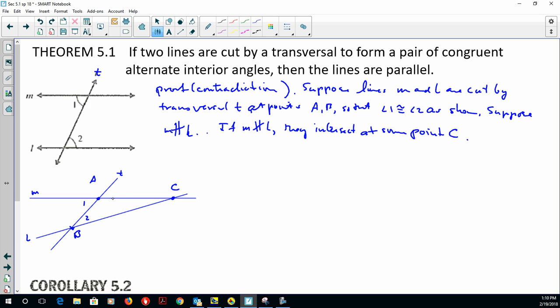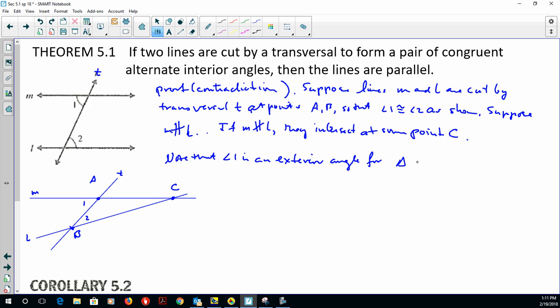Now from everything we've drawn here, note that angle 1 is an exterior angle for triangle ABC.